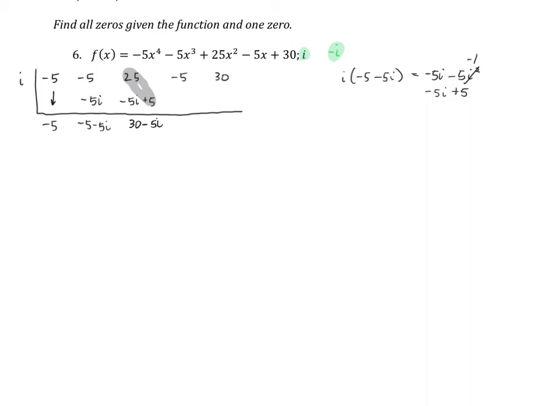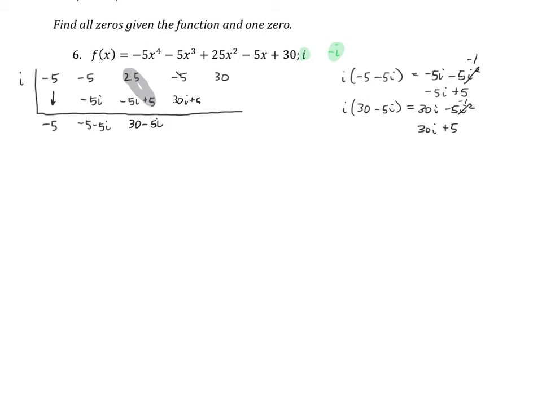So 30 minus 5i. Now I have to multiply. So I'm going to multiply i times 30 minus 5i. That's going to give me 30i minus 5i squared. Again, the i squared is negative 1. So that's going to be 30i plus 5.